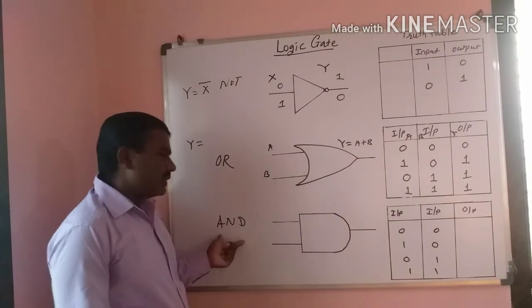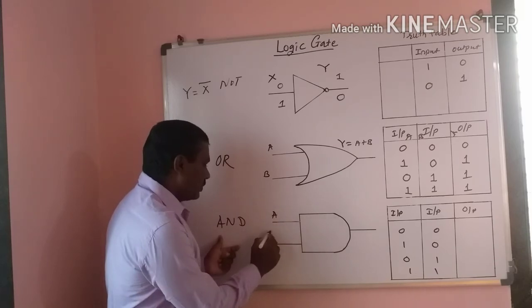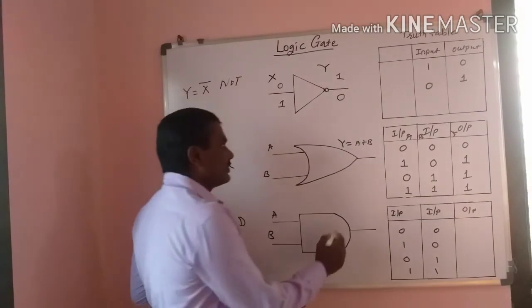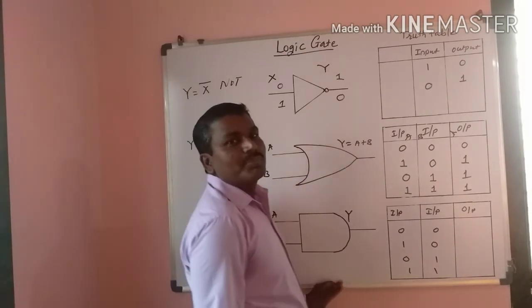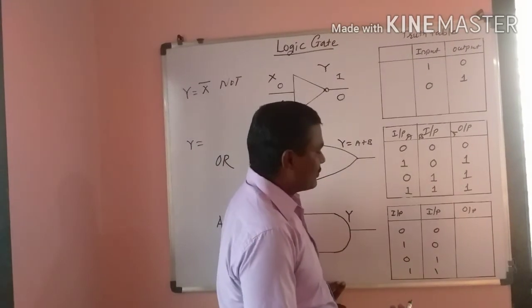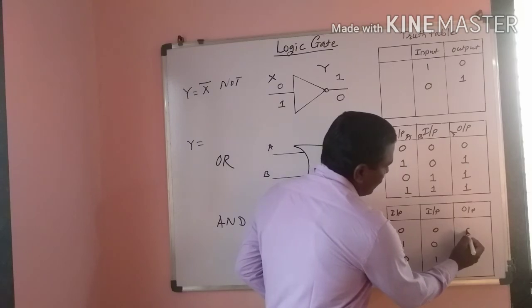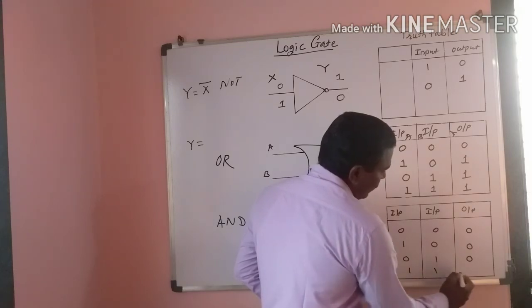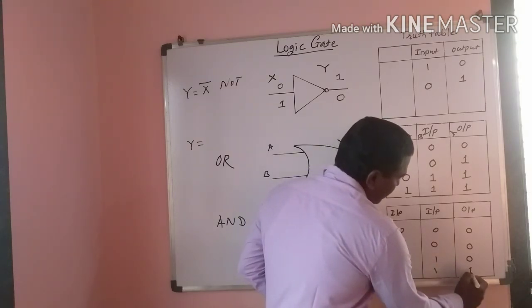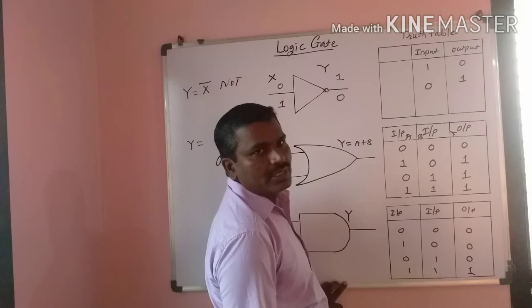This is the A input and B input, and its output is Y. AND is nothing but logical multiplication. 0 multiplied by 0, we write 0. 1 multiplied by 0 is 0. 0 multiplied by 1 is 0. And 1 multiplied by 1 is 1.